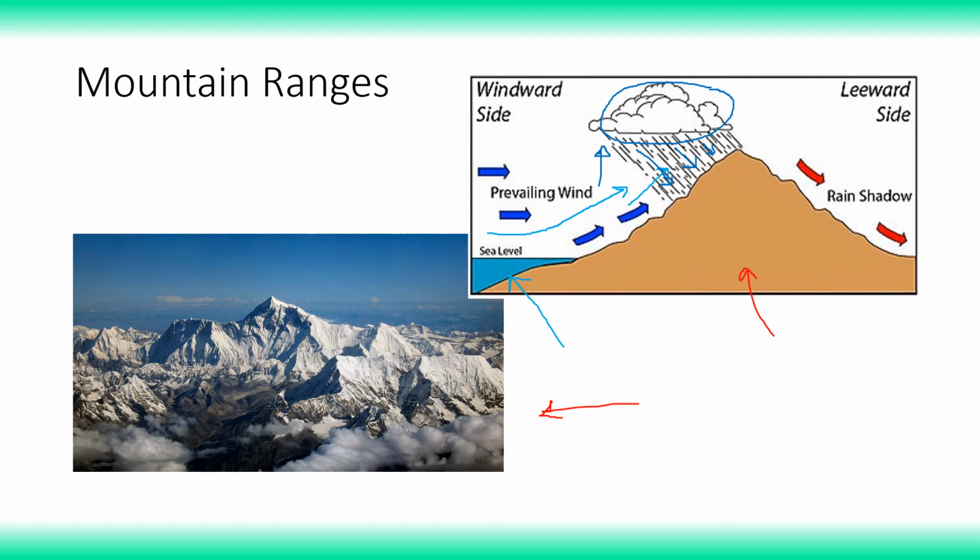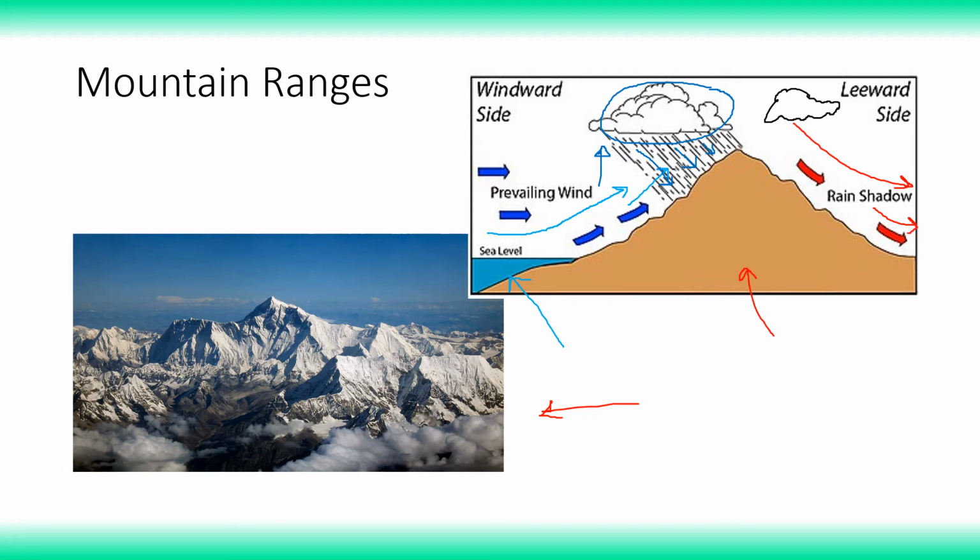The problem is that once all of that precipitation is gone, there might still be a little bit of precipitation that makes it to the other side, but you might just get dry air that goes to the other side, and it has nothing left to give in terms of rain or snow. There is no precipitation.